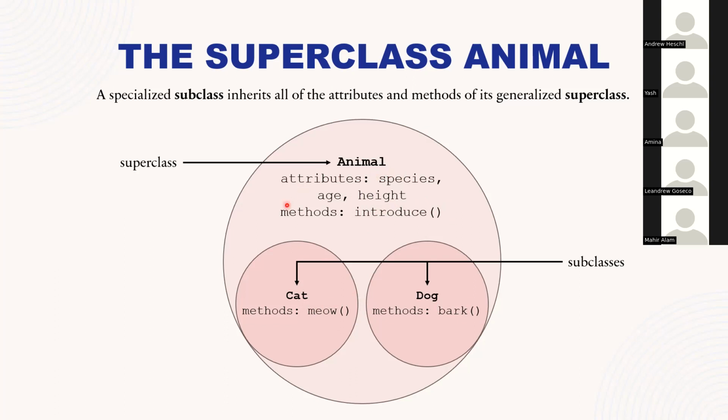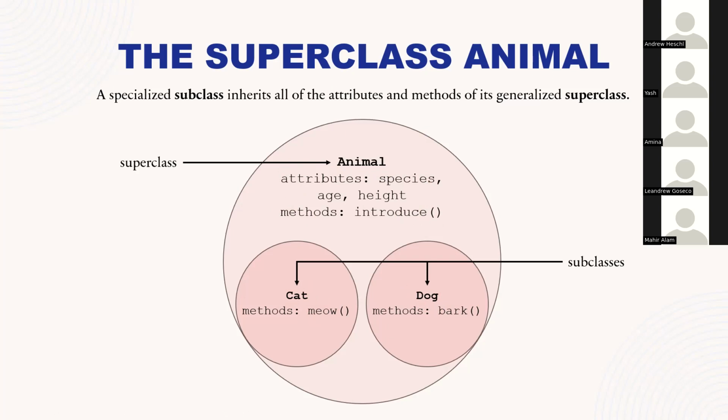Again, they inherit everything that is defined in the class animal. Note that using inheritance in this example makes a lot of sense because cat and dog need to support their own unique methods, right? We don't want dog objects to be able to meow, and we don't want cat objects to be able to bark. So that's why we need to separate them into two distinct classes here and use this inheritance design pattern.